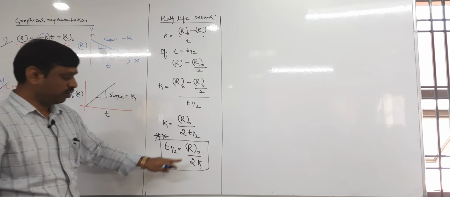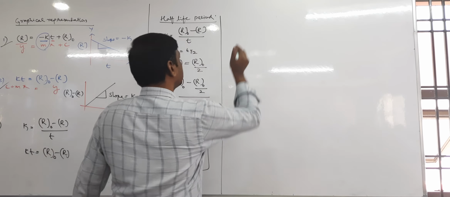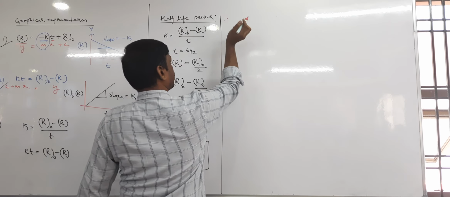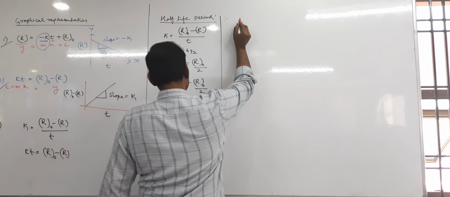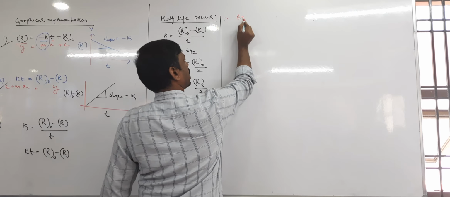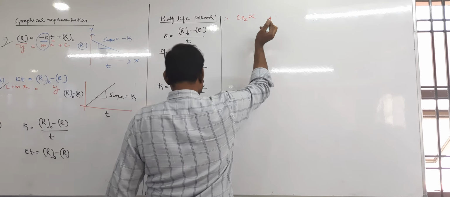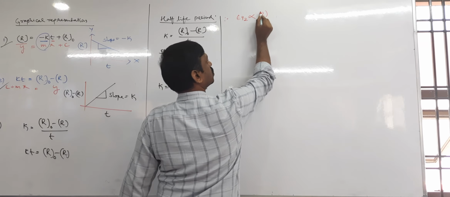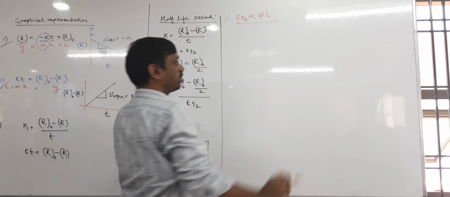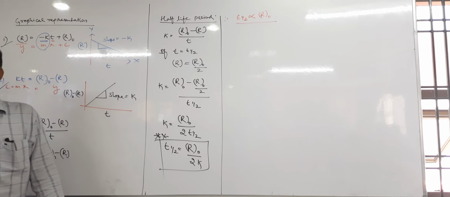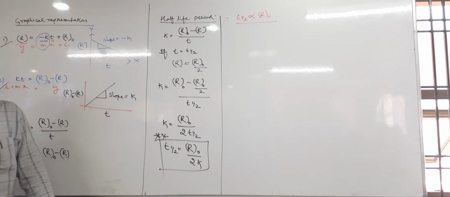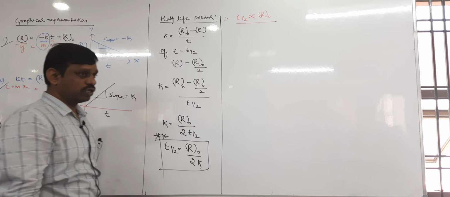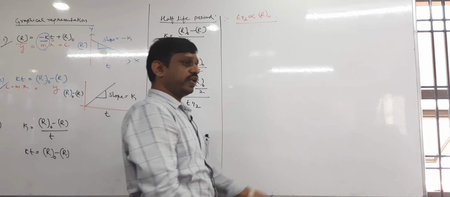Right? Therefore, write one important point. In zero order reaction, T half is directly proportional to initial concentration of reactant.